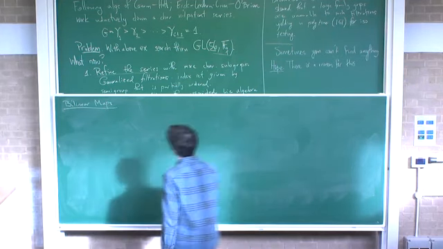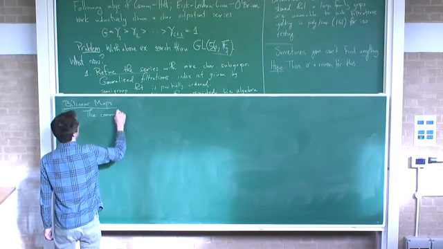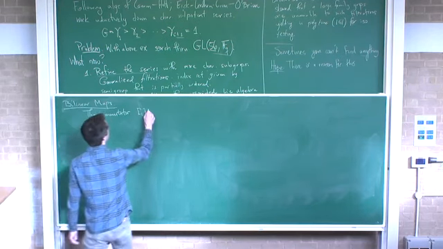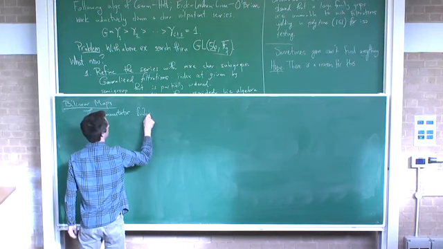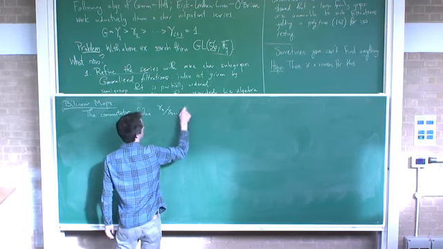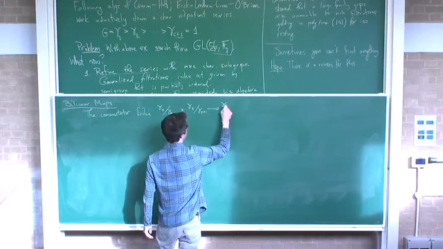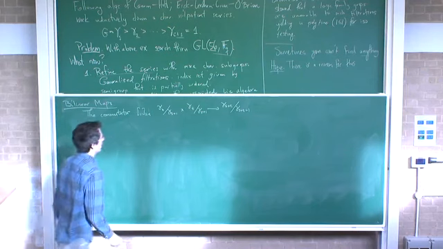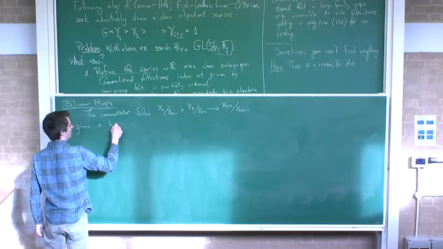So the commutator, let's say, Gamma S plus 1 cross Gamma T plus 1 into, that gives us a biadditive map.